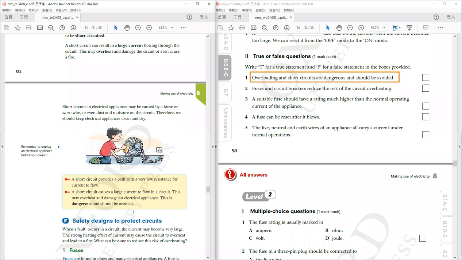When there's a short circuit or when there's overloading, very often you may produce lots of heat due to the large current. And this can damage the electrical appliance. So this is dangerous and we should avoid it. So this is true.